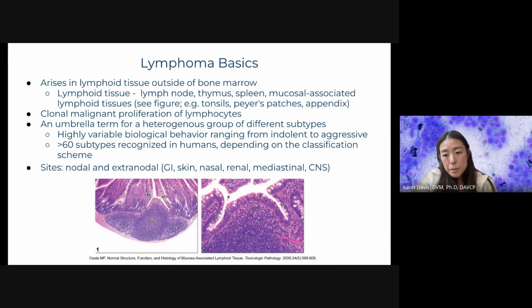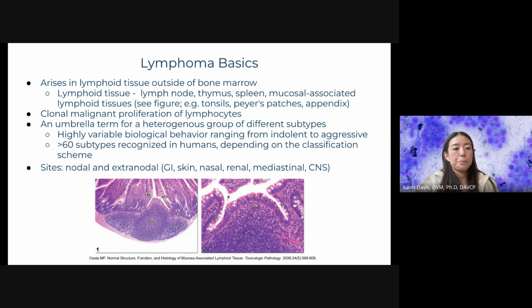And these subtypes have really variable biological behavior, ranging from slow progression, indolent disease process to a very aggressive and rapidly progressive disease. In humans, there are more than 60 subtypes that have been recognized, depending on which classification scheme that we use.